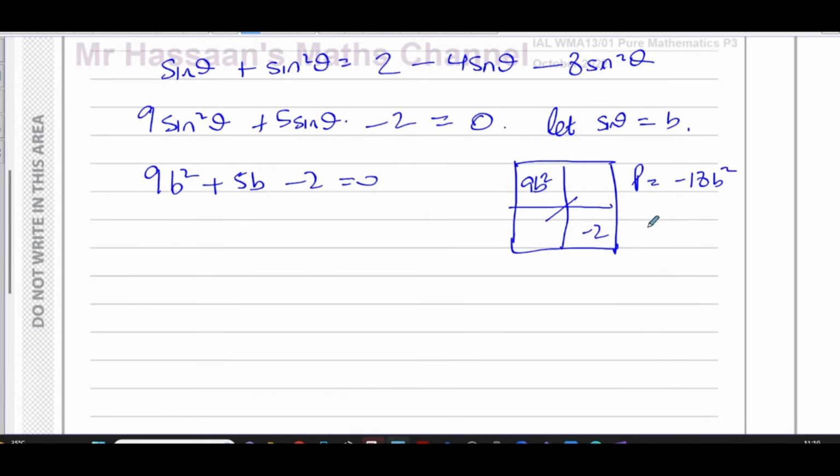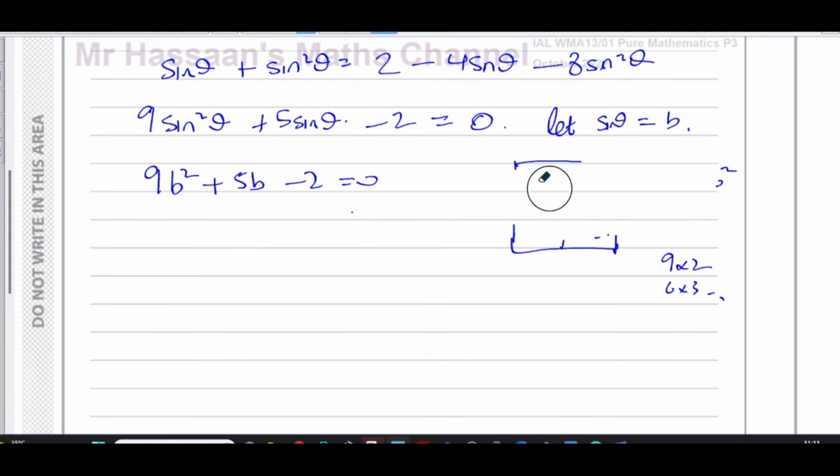These two numbers must multiply to give me minus 18b squared, but their sum has to be plus 5b. So let's think of all the ways of getting 18. We have 9 times 2, 18 times 1. We have 6 times 3. None of them has a difference of 5.